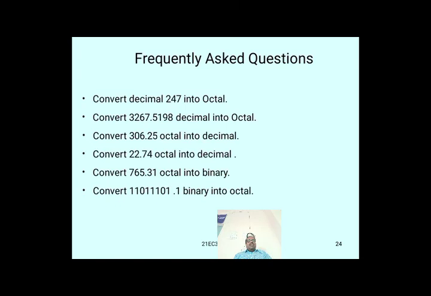Bases for the 3 number systems: binary 2, octal 8, decimal 10. Number of values present in the 3 number systems: for binary, 2 values; for octal, 8 values, that is 0 to 7; for decimal, 10 values.